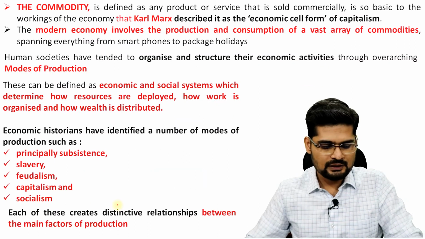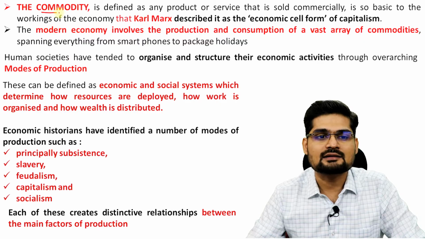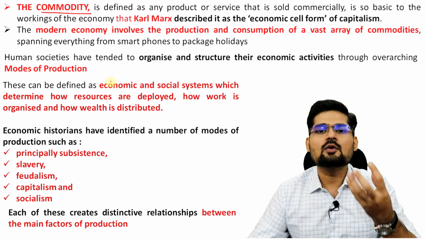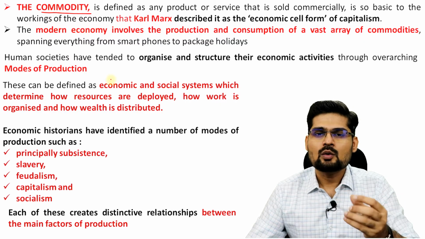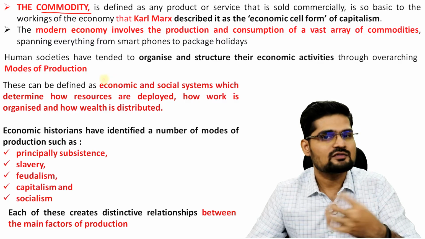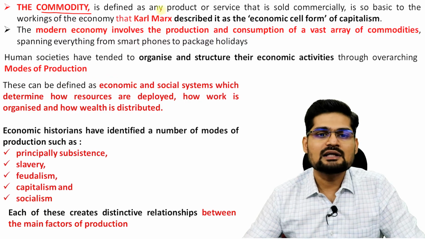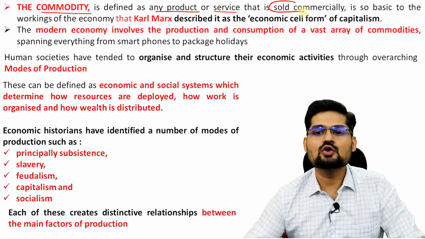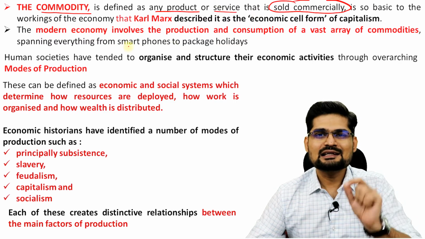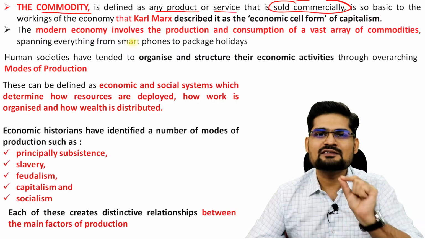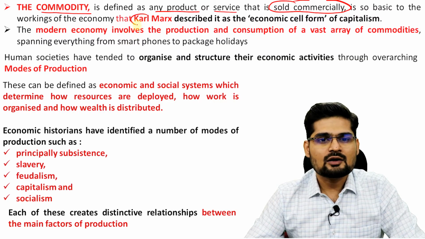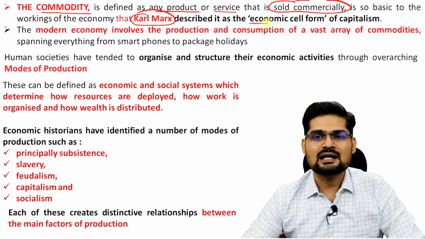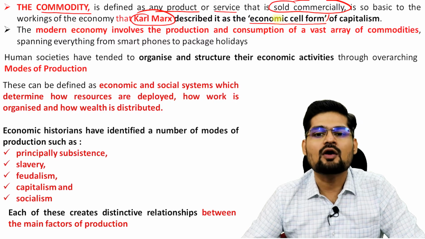So the second point here is the commodity factor, the commodity pillar. What is this commodity? When we say production, what we produce is a commodity out of that. So what is this commodity? It can be defined as any product or service that is sold commercially, right? And it is the basic unit, basic functioning of economy. And according to Karl Marx, it was described as the economic cell form.